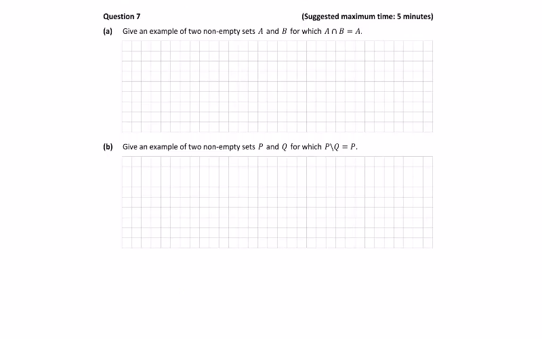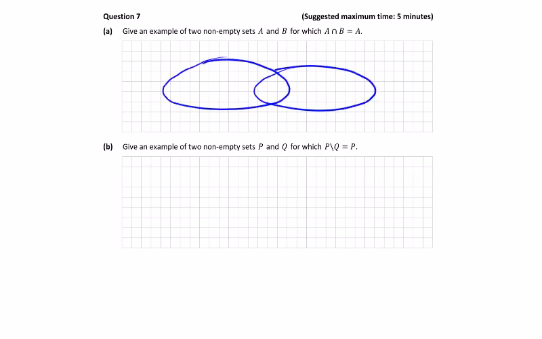In this question we have two sets, and they do make them a little bit tricky. Give an example of two non-empty sets, A and B, for which A intersection B is equal to A. Well, I like to draw these. Let's draw A and B. For A intersection B to be equal to A, let's put 1 in there.